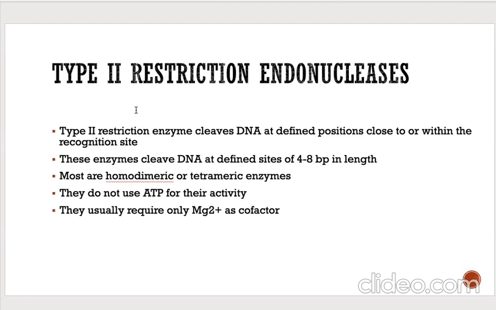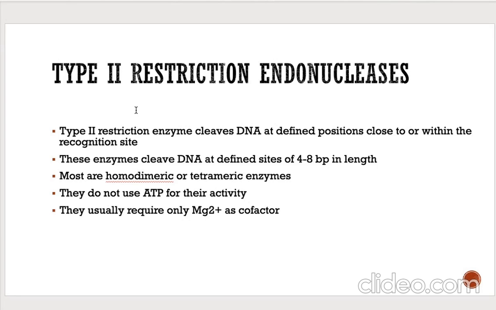Type 2 restriction enzymes cleave DNA at defined positions close to or within the recognition site. These enzymes cleave DNA at defined sites of 4 to 8 base pairs in length. Most are homodimeric or tetrameric enzymes. These enzymes do not use ATP for their activity.